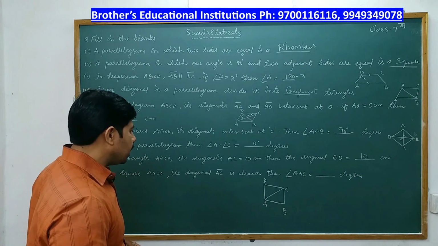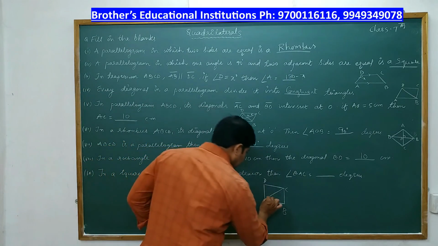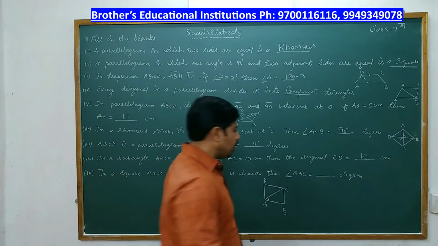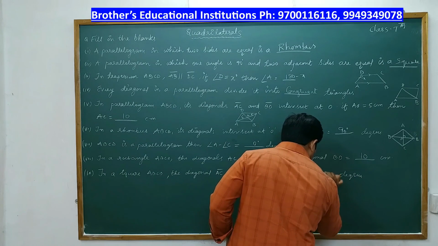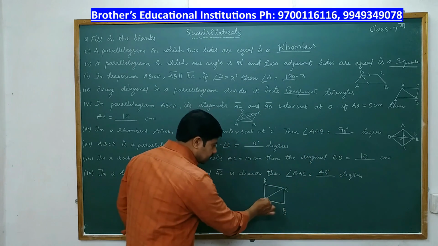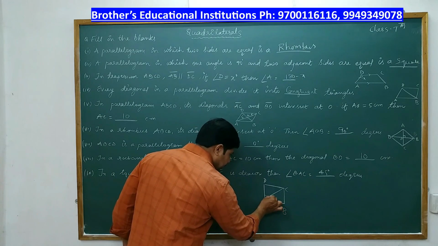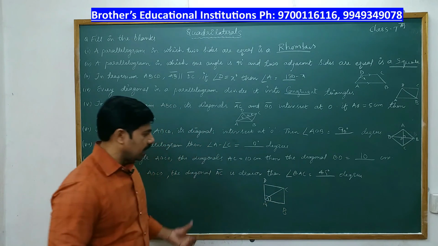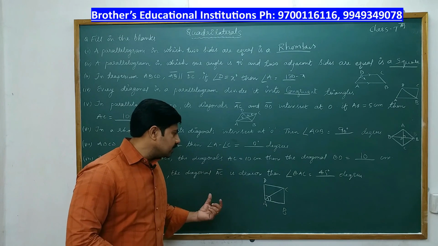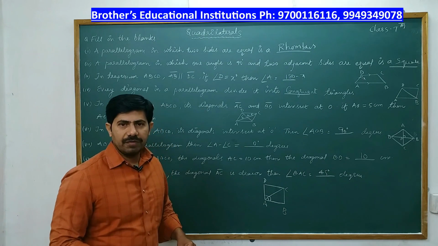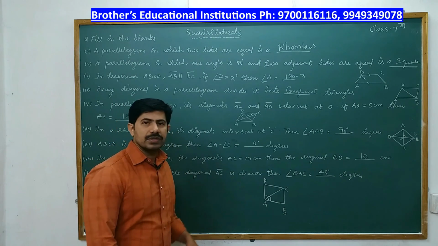Then angle BAC is 45 degrees. Why is it 45 degrees? This diagonal bisects the angle, it bisects angle A, but angle A is 90 degrees. As it bisects, angle BAC will be 45 degrees. Okay, so this is completed.